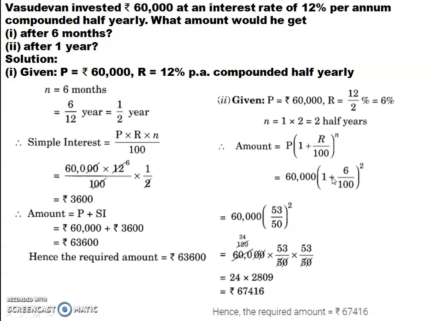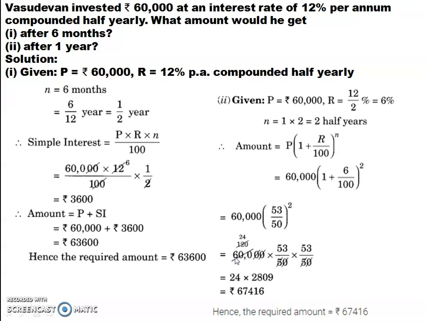So 1 plus 3 by 50. That means you will get 53 by 50. 60,000 into 53 by 50 the whole raised to 2.